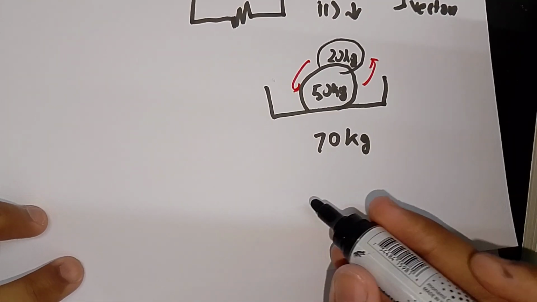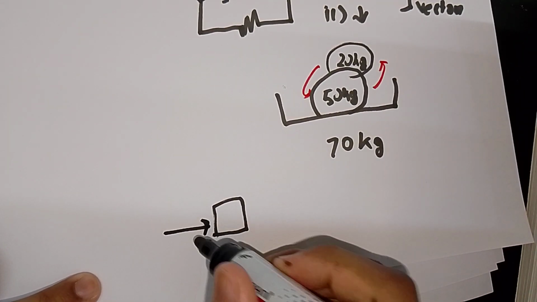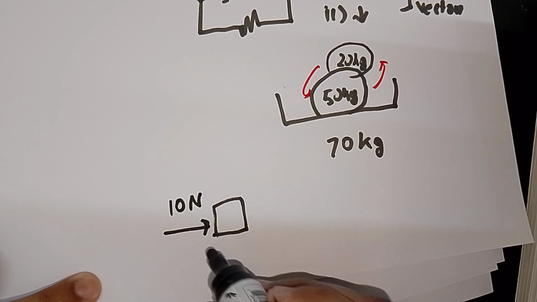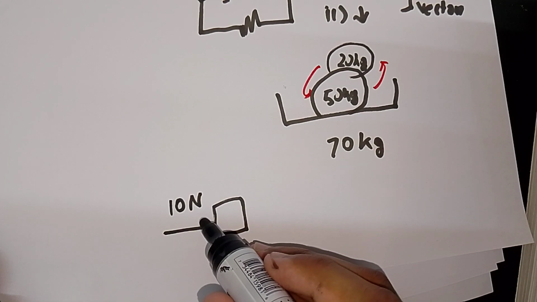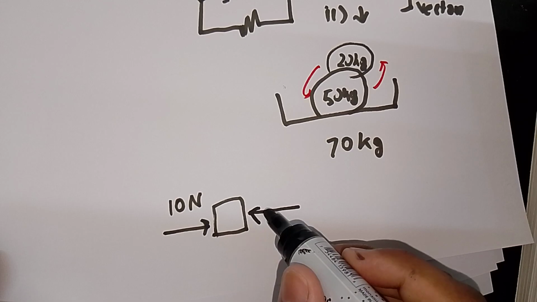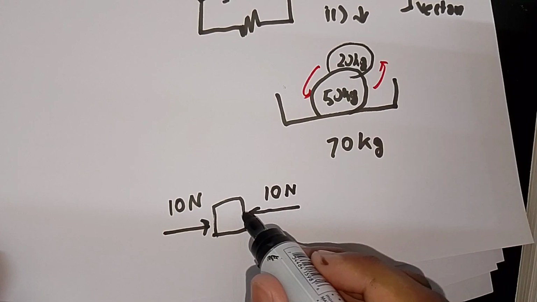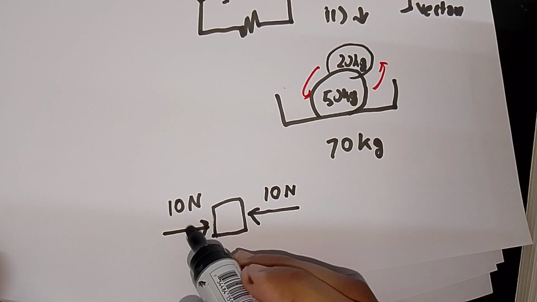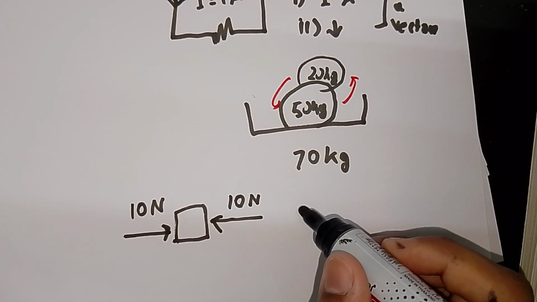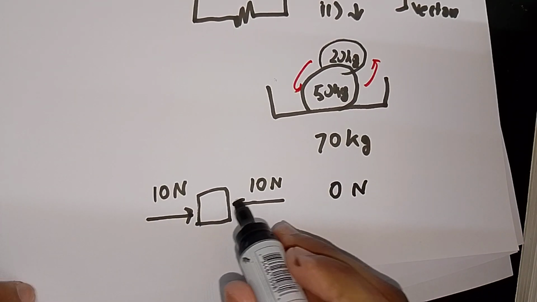However, let's say we have some object here and someone's pushing it to the right with a force of 10 newtons. And let's say there's another force here of 10 newtons at the same time. Someone's pushing it to the left with 10 newtons. Here, the result of these two forces is obviously going to be 0 newtons because the object isn't going to move.